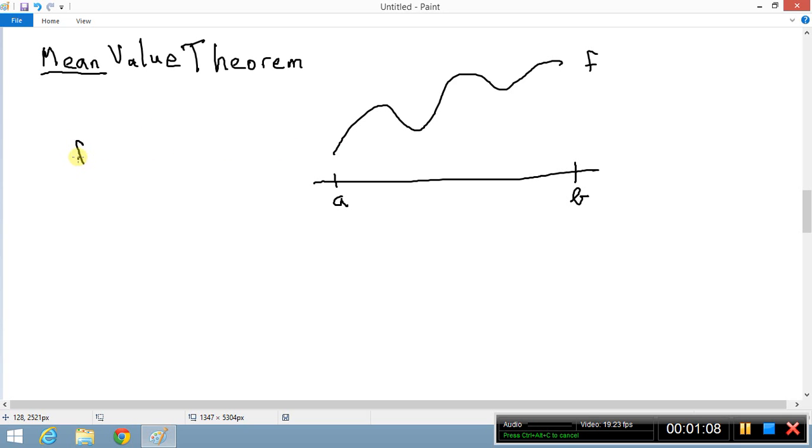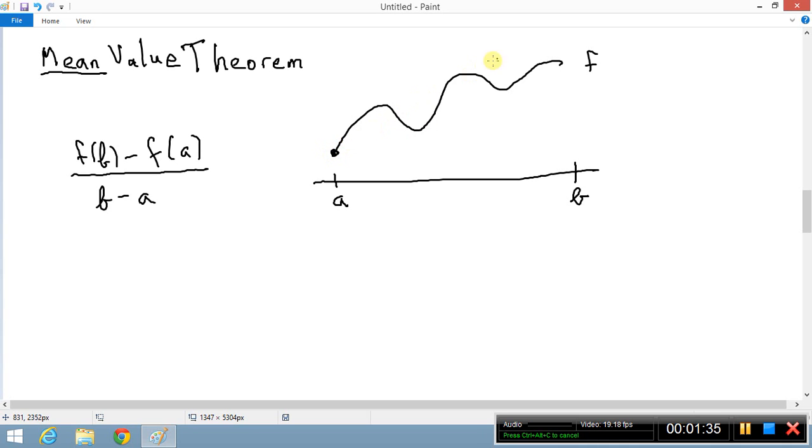We calculate f of b minus f of a, which is the difference in the y values, and then we divide that by b minus a, which is the difference in the x values. So the difference in the y values divided by the difference in the x values, that of course is a slope, and it's the slope of a line that connects these 2 points.